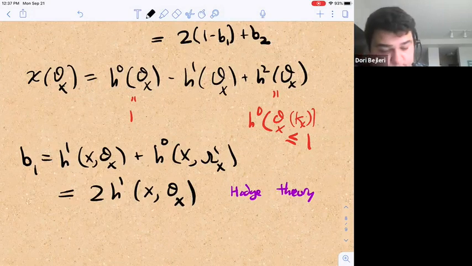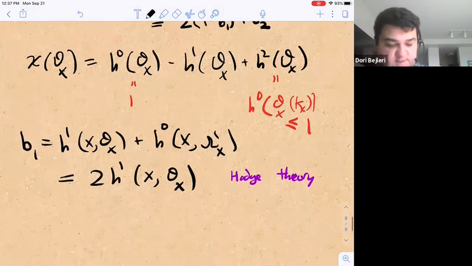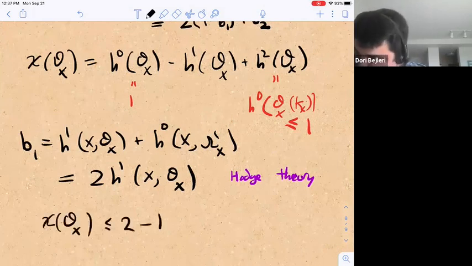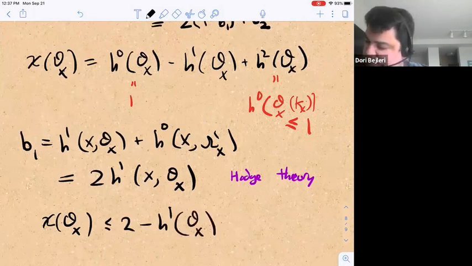Okay, so now putting these things together, we see chi of O_X is less than or equal to 2 minus H1 of O_X. That was this statement.